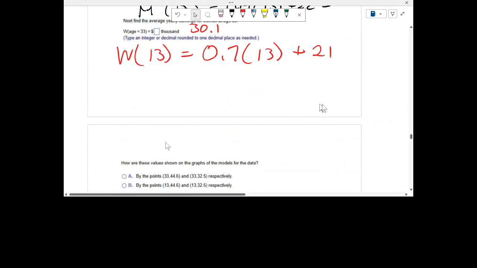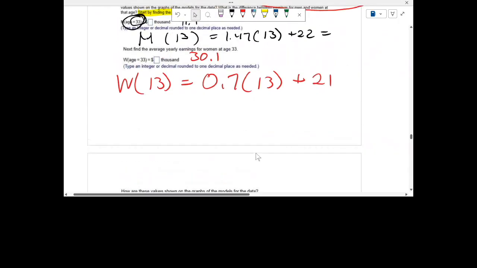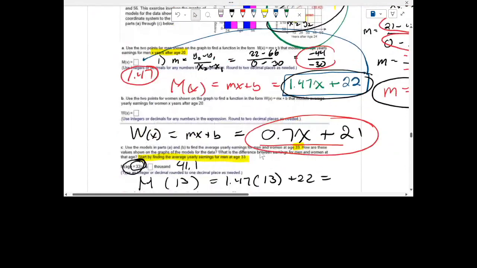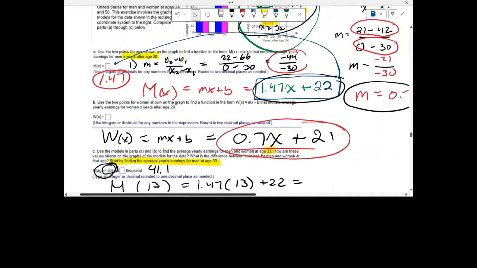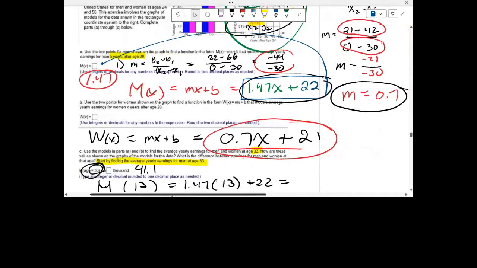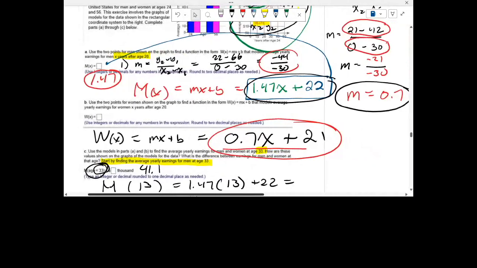How are these values shown in the graphs of the models of the data? Why am I coming up with a different number? Sorry, guys. Coming up with something different.